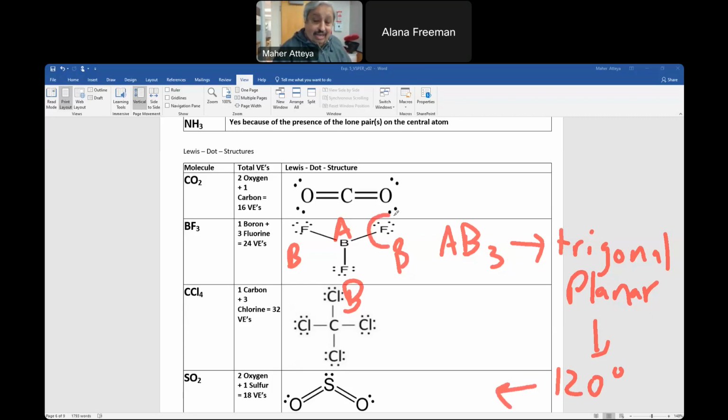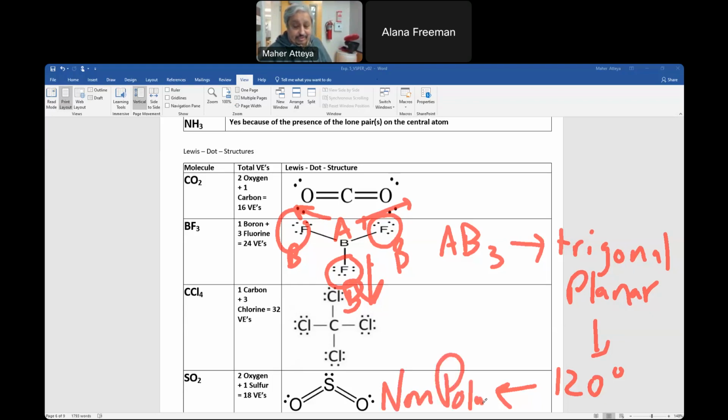Since they are the same atoms here, the dipoles will be going this way, the other dipole this way, and the other dipole this way, because the direction of the dipole is always towards the most electronegative atom, which is fluorine. Okay, guys? And if you look at this, because they are similar, what can we say, polar or non-polar? Non-polar, perfect.